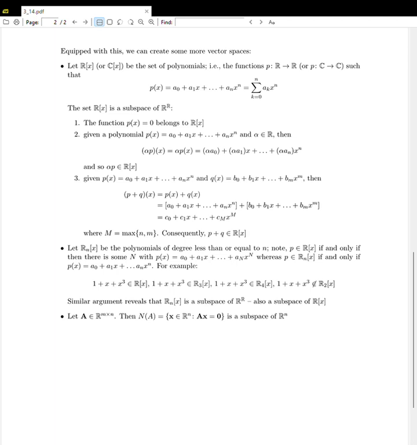Consider the following. Let's look at the following subset of R3. I'm going to create a set, and we're going to hang out in R3.